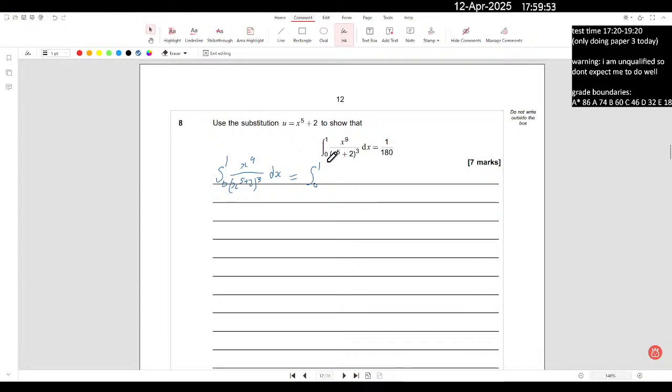Honestly, I have no clue how to do this, but maybe I could get some method marks if I just bluff it.